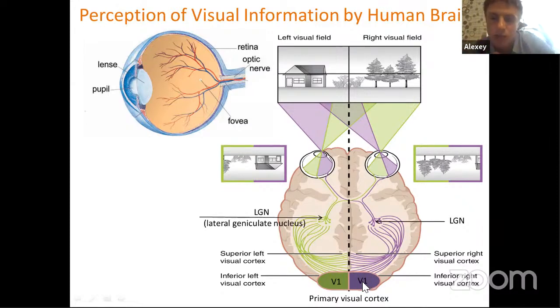If we go further, there are some mathematical models of neural connectivity, but they are quite rough so far. Nobody knows for sure in detail how our brain processes visual information. But now we focus on this area, the primary visual cortex.